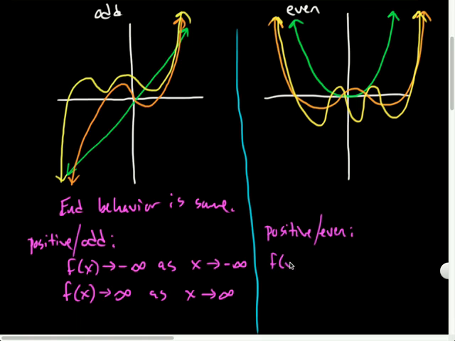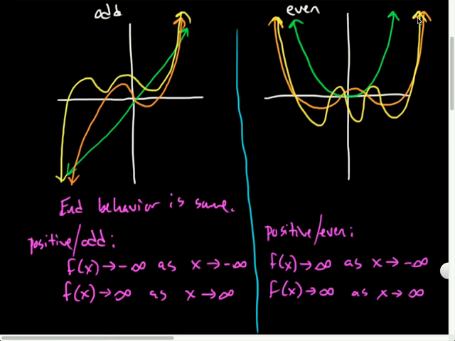So I would say that f of x approaches positive infinity as x goes negative, and f of x approaches positive infinity as x approaches positive infinity. So when I go to the left, I'm going up. When I go to the right, I'm going up.